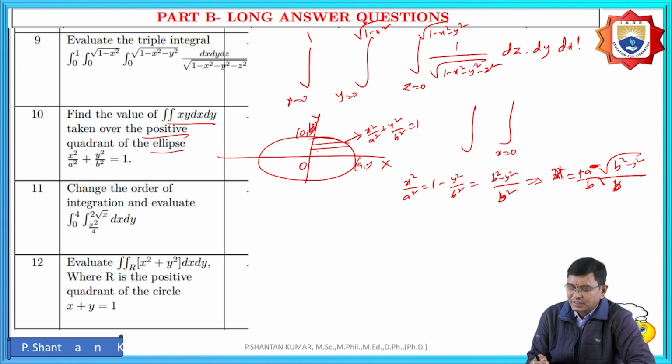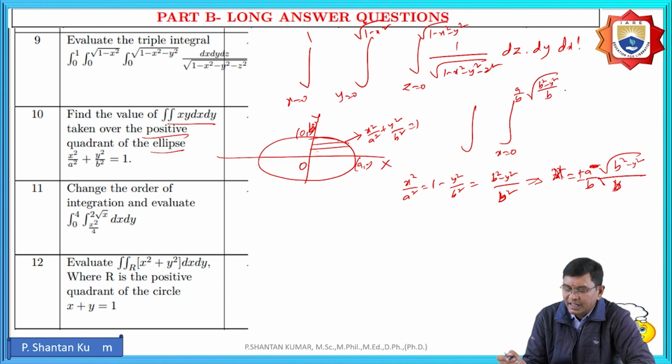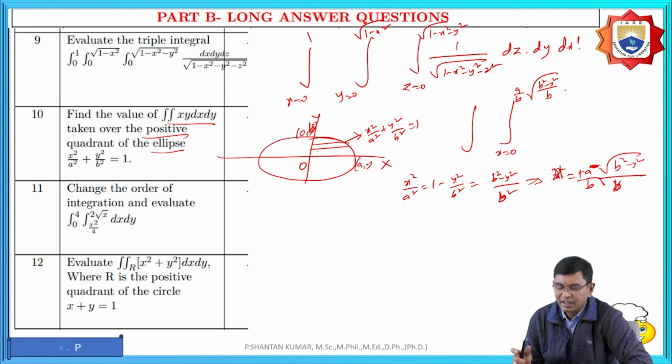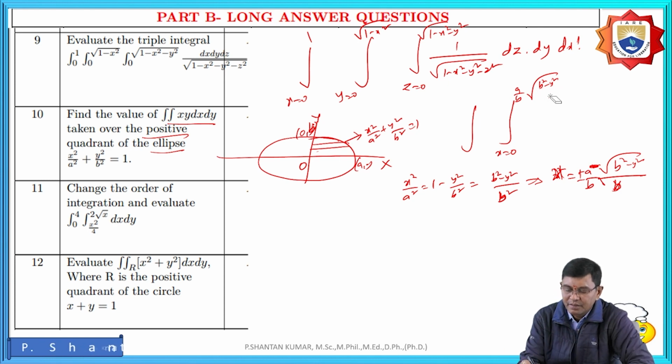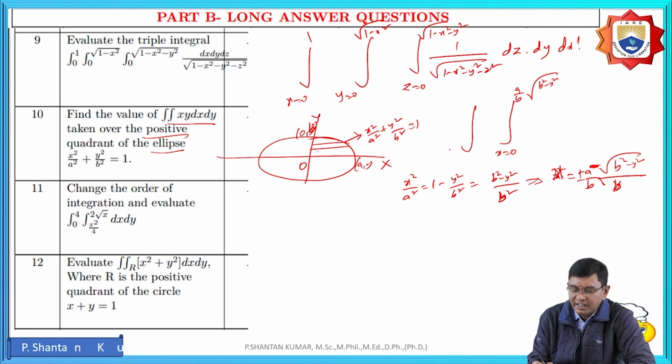Here x equals 0 to only a by b root of b square minus y square. And here y is equal to 0 to b, the limits are the intersecting points.